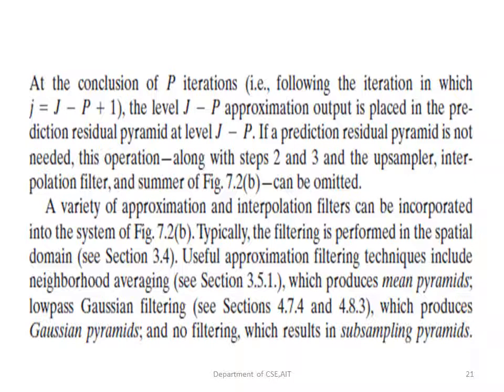That means we are making use of a two-dimensional array here. Useful approximation filtering techniques make use of neighborhood averaging, which produces the mean pyramids, and low-pass Gaussian filtering, which produces the Gaussian pyramids. With no filtering, this results in subsampling pyramids.